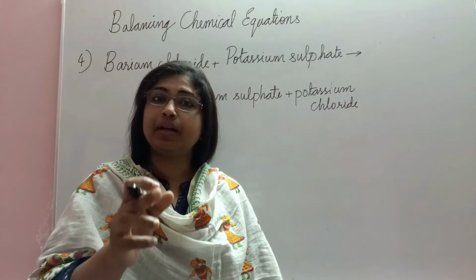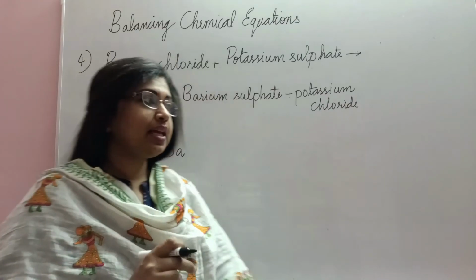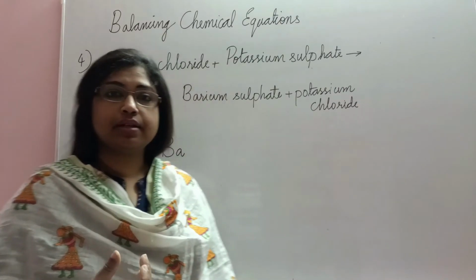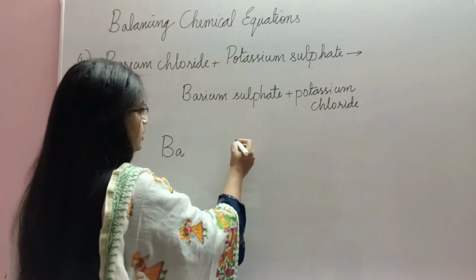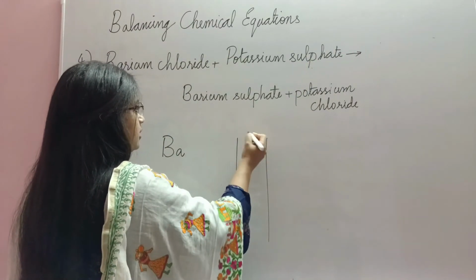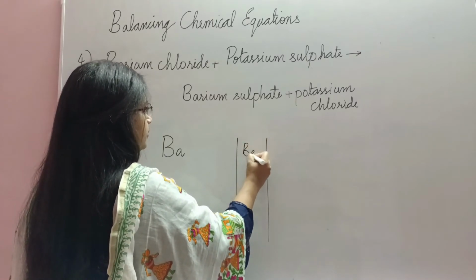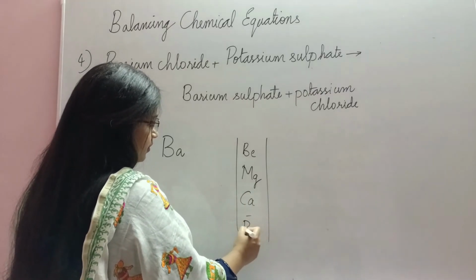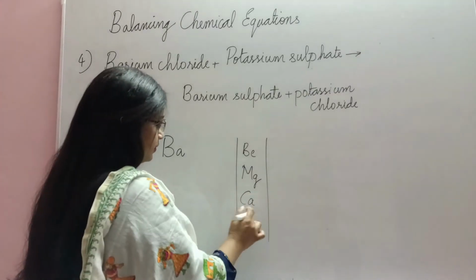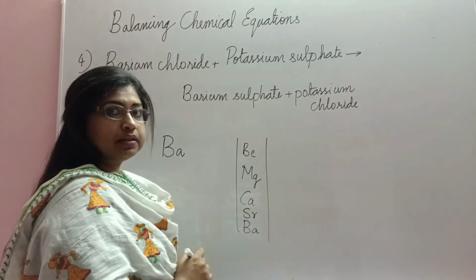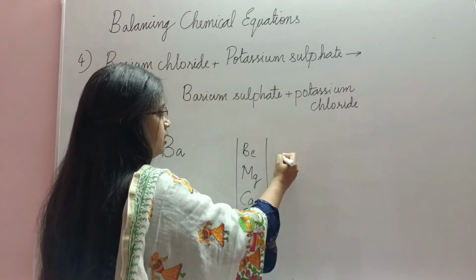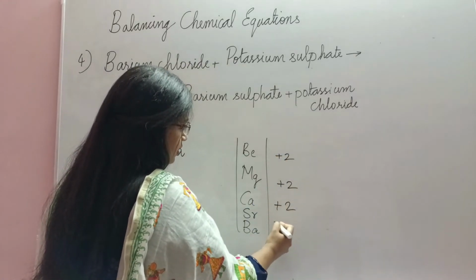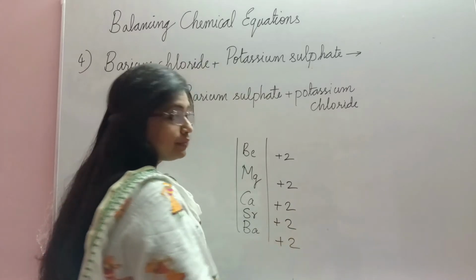I told you barium belongs to group 2, the same group in which you will find beryllium, magnesium, calcium, etc. That is beryllium, magnesium, calcium, strontium, barium. So this is group 2. All these elements have +2 oxidation state, or their valency is 2.